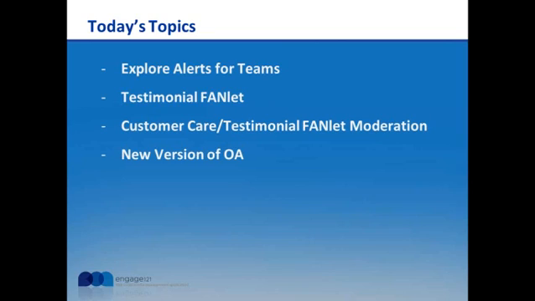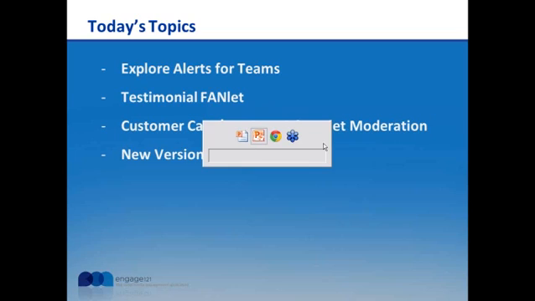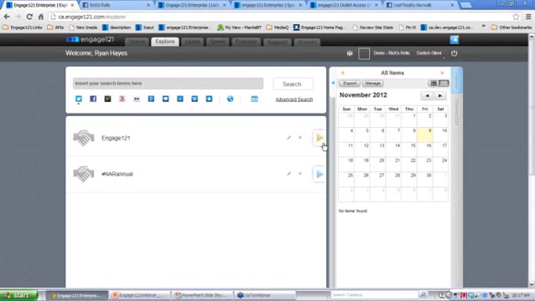Then a customer care and testimonial fanlet moderation tools, and a new version of OA that we're really excited about, and we think could be very beneficial for our other clients who are outlet focused, that are our enterprise clients that do have outlets that can benefit from Engage. So we'll run through all of those. Should be pretty quick, and we'll get you all on your way.